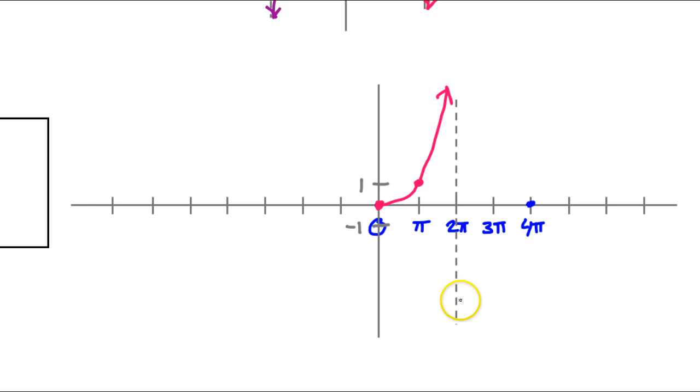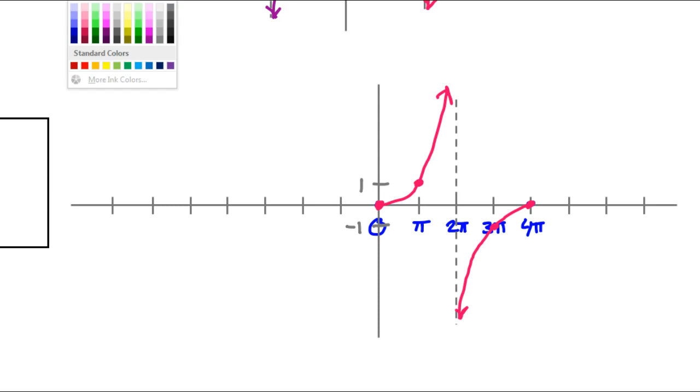Alright, similarly, I'm going to pick up from below and rise toward the midline again, but halfway over, again, I should be at the a value, so it should pass through this point right here on its way to here. Alright, so that is what one period of the tangent function should look like.